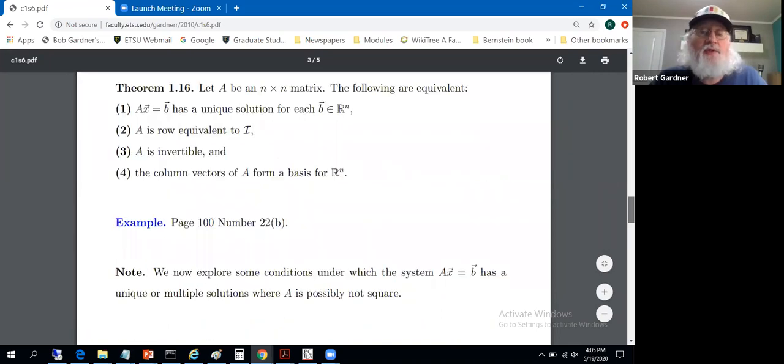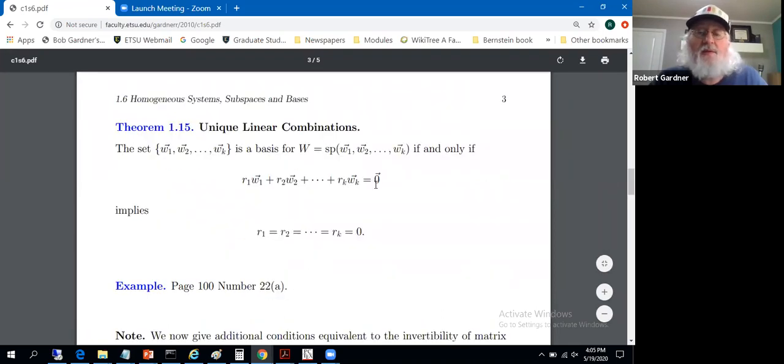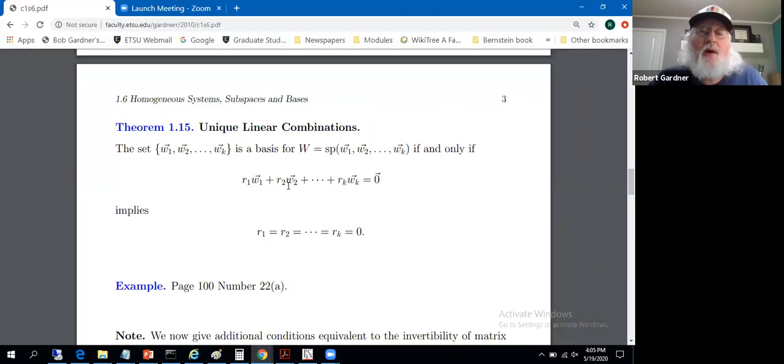Of course, if we've got this as a system of equations, we could take R1 through R sub k equal to 0. The statement here is that you must take R1 through R sub k equals 0. That is, there's only one choice for these coefficients, and that choice is all zeros. Yeah, that's what we have here.